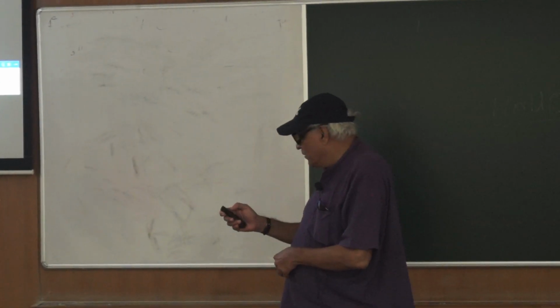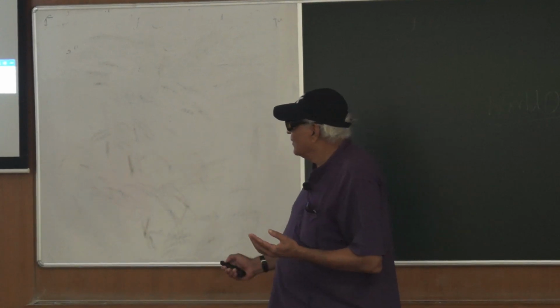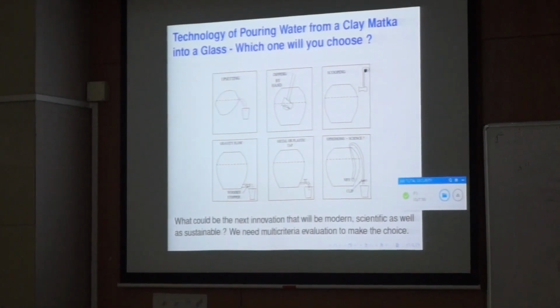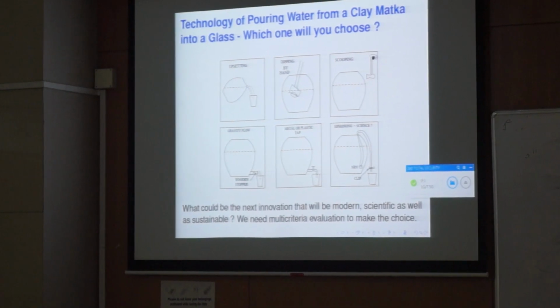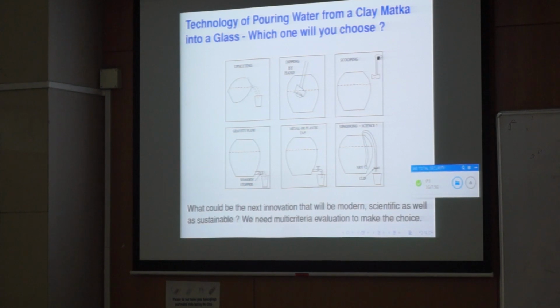And then of course you have the modern potter who puts a tap onto a matka. It can be a metal tap or a plastic tap. You know, plastic and metal don't take to mud. You can't just fix it and leave it there. What is done is, you need cement from inside and outside, cement powder.